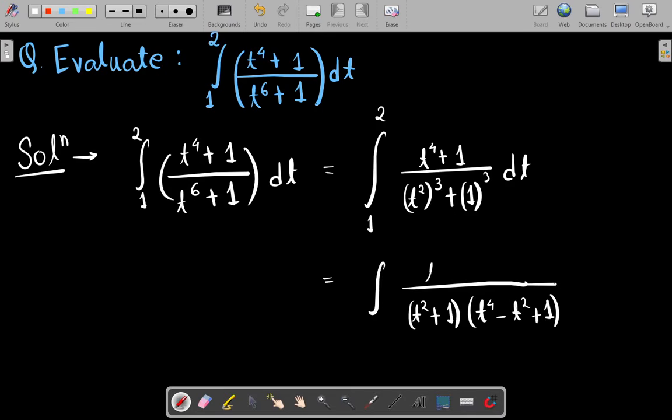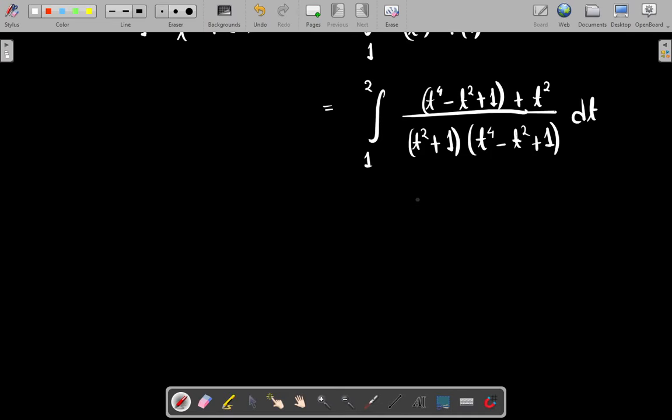Let us do that. Here I am introducing a minus t square, so I have to add another t square later on. After this, if we separate this into two parts, in the first integral these terms cancel each other, so the first integral becomes dt upon just t square plus 1.